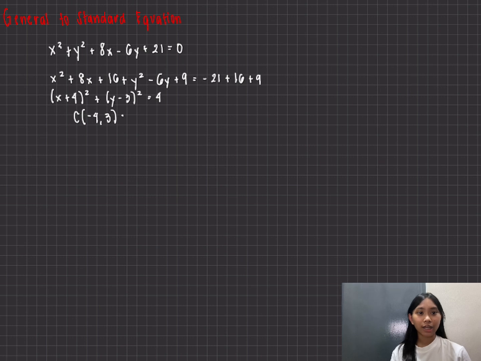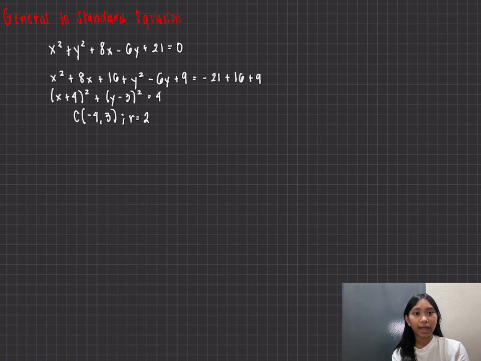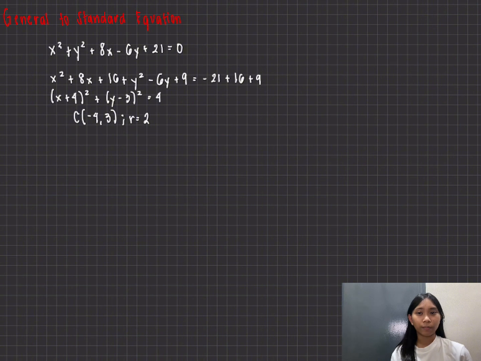That is now our standard equation, which is x plus 4 quantity squared plus y minus 3 quantity squared is equal to 4. So to find the center and the radius, our center is (h, k). So our h and k is negative 4 and 3. Then our radius, square root of 4, is 2.